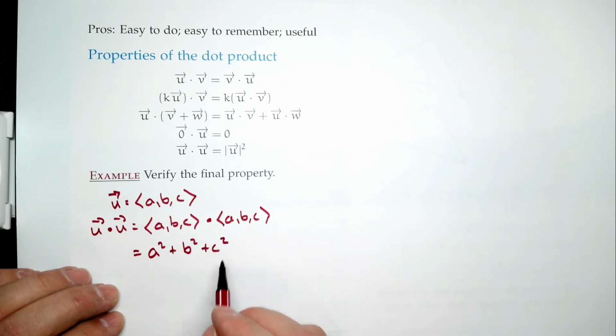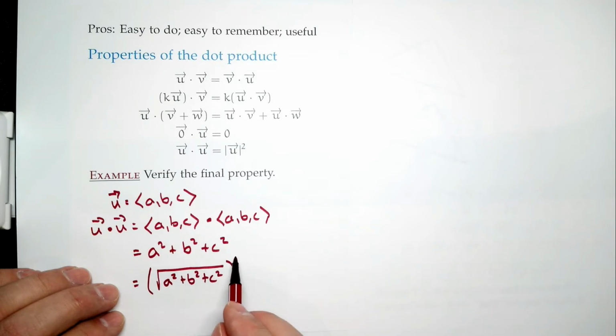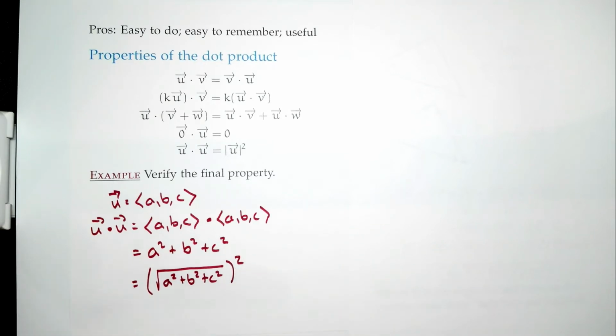Good. Now, you might notice A squared plus B squared plus C squared can be written, it's kind of a weird way to do it, but it can, as the square root of A squared plus B squared plus C squared, quantity squared. Now, why do I write it that way? Well, have we seen the square root of A squared plus B squared plus C squared before?